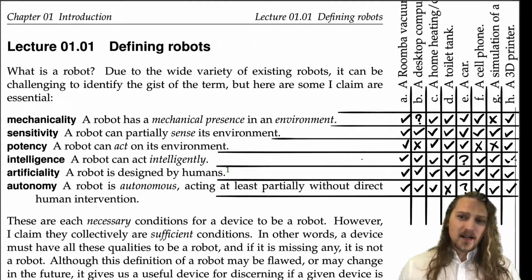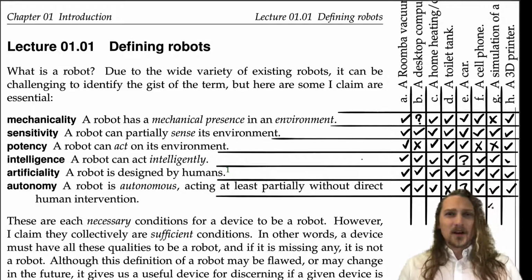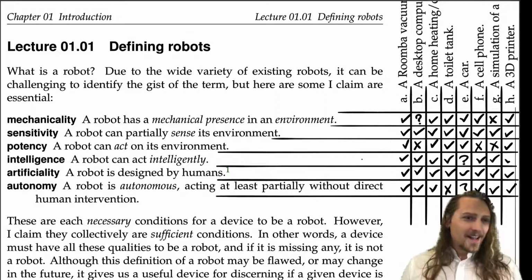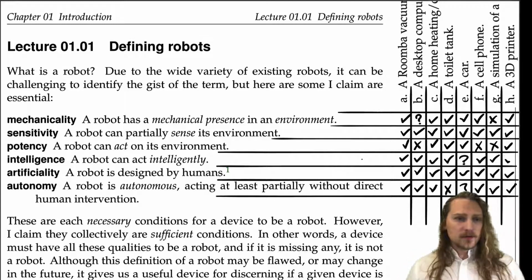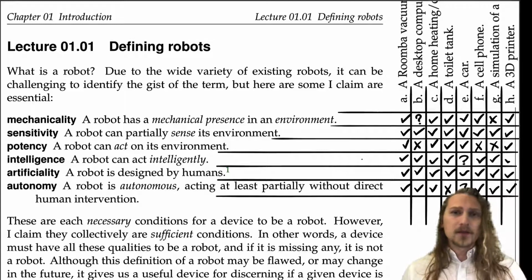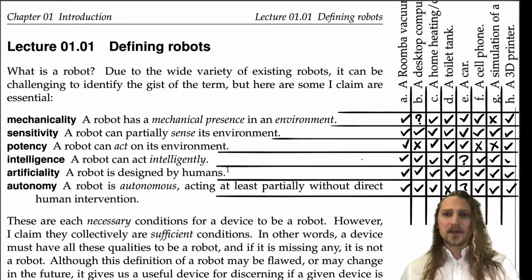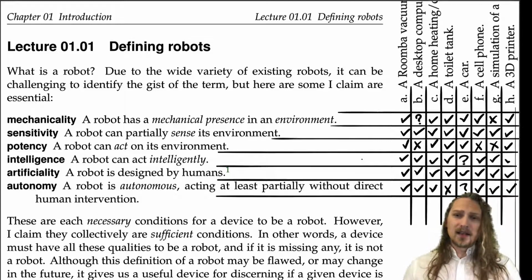Intelligence level is kind of lacking. This is the one that tends to be ambiguous, right? Intelligence is hard to define, and it's also hard to say what the threshold of intelligence is for something to be a robot. So this example highlighted some of the ambiguities in our definition, but it also showed some strengths of this definition and the way that it interlocks and eliminates some things that we don't think of as being a robot.